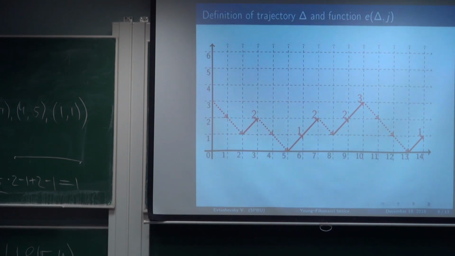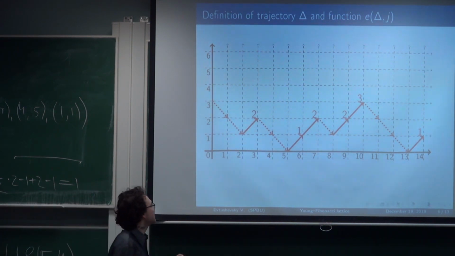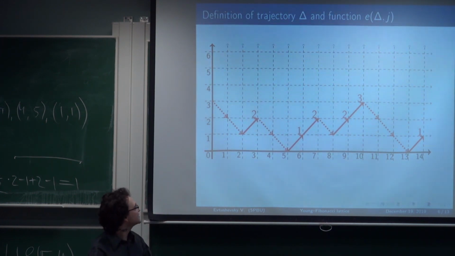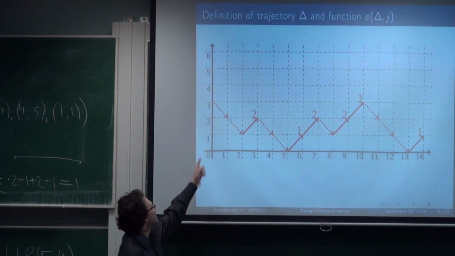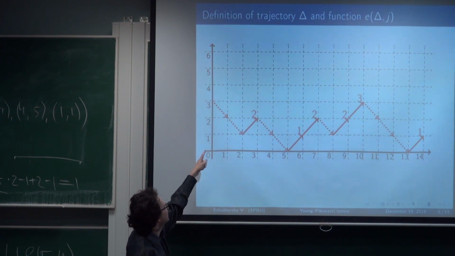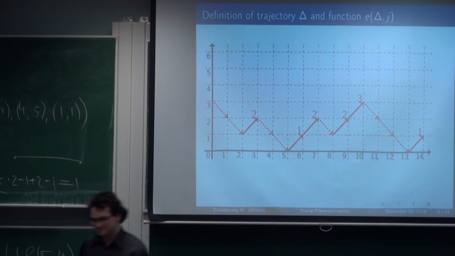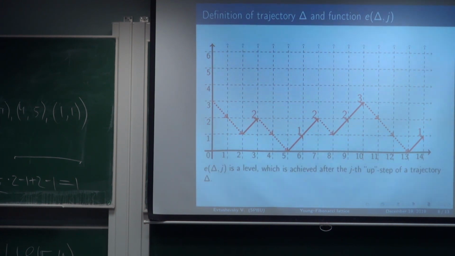What is a yx delta path? First, I need to define a trajectory. A trajectory is a sequence of non-negative integers such that the difference between two neighbors is plus or minus 1. For example, this is the trajectory 3, 2, 1, 2, 1, and so on. And what is a yx delta path?